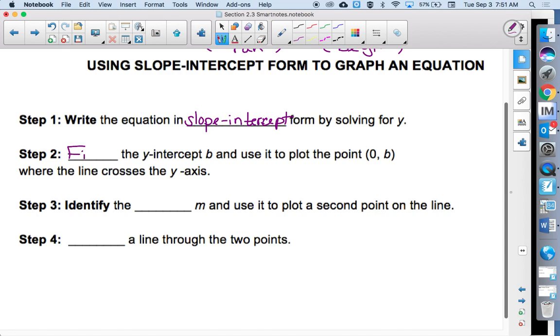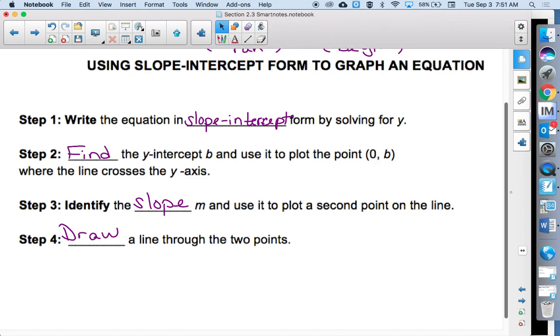So we will find, locate, identify the y-intercept. Step 3, identify the slope m and use it to plot a second point on the line, and usually a third or a fourth so that we can see the pattern. And then the last one, of course, we'll draw that line through the 2 points, the 3 points, depending on how many we have. That kind of depends on how big your graph is as well.